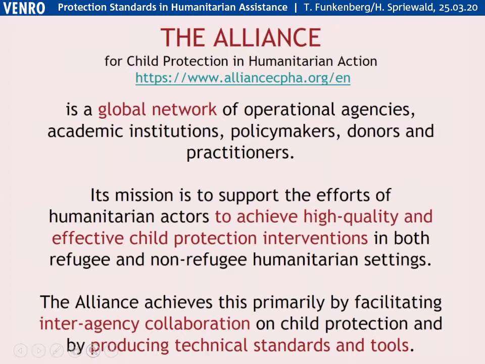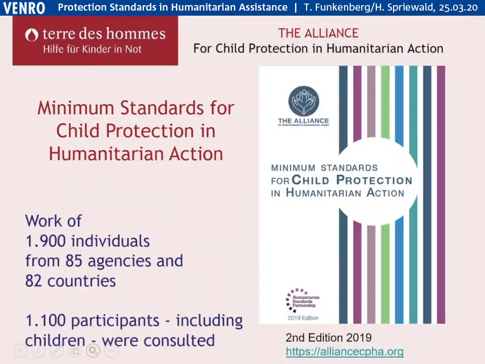Its mission is to support the efforts of humanitarian actors to achieve high quality and effective child protection interventions in both refugee and non-refugee humanitarian settings. The Alliance achieves this primarily by facilitating interagency collaboration on child protection and also producing technical standards and tools. One of these standards I'm going to present to you today: the minimum standards for child protection in humanitarian action.